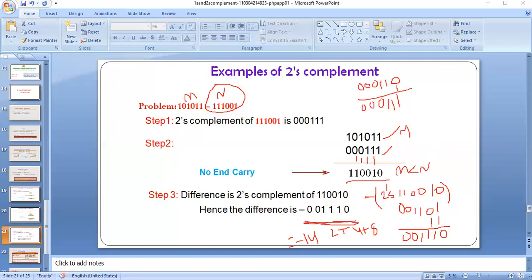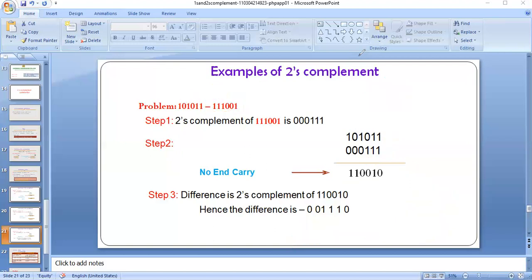In the m less than n condition, we don't have any end carry, so we have to put a negative sign in front of that number, and again you have to complement. So this is all about the one's complement and two's complement methods of subtraction for binary numbers.